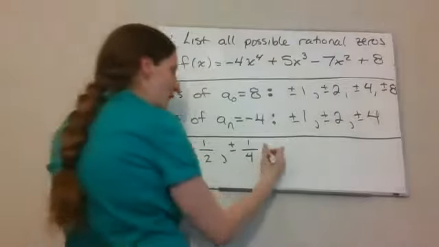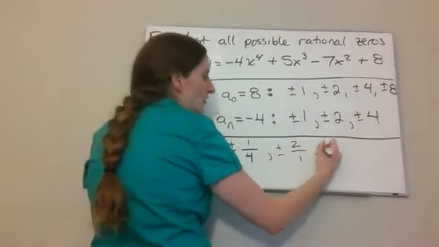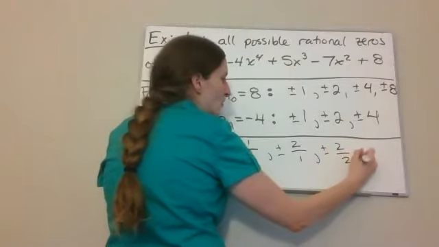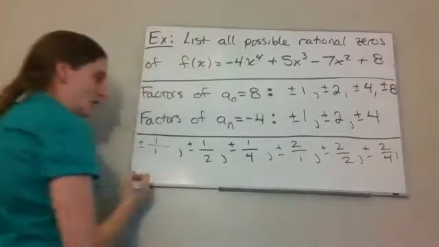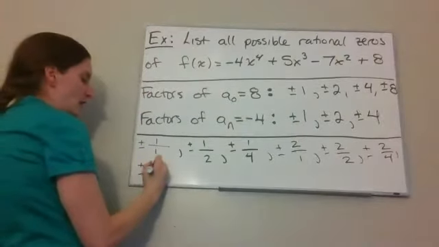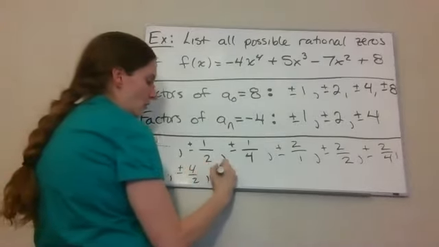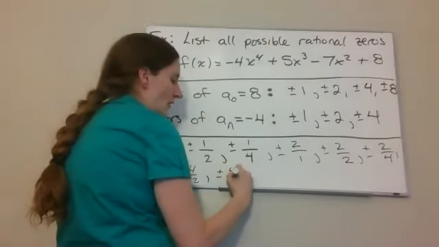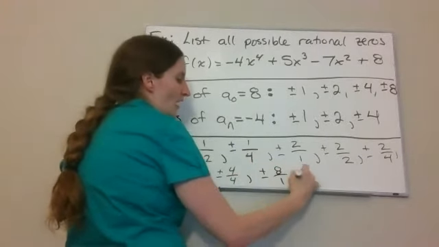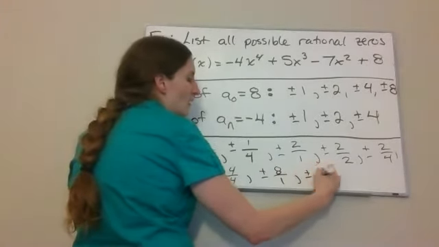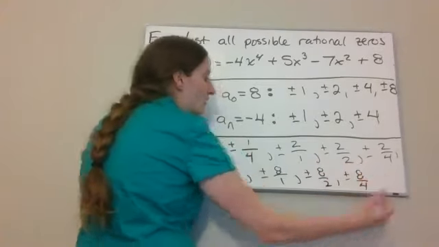Now I do the same thing with the 2: plus or minus 2 over 1, plus or minus 2 over 2, plus or minus 2 over 4. Do it again with the 4: 4 over 1, 4 over 2, 4 over 4, and then we just have that 8 left: 8 over 1, 8 over 2, or 8 over 4.